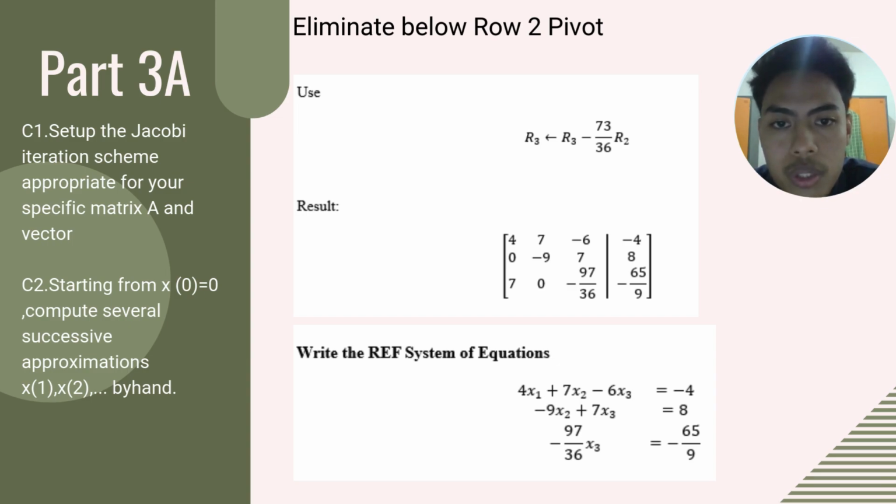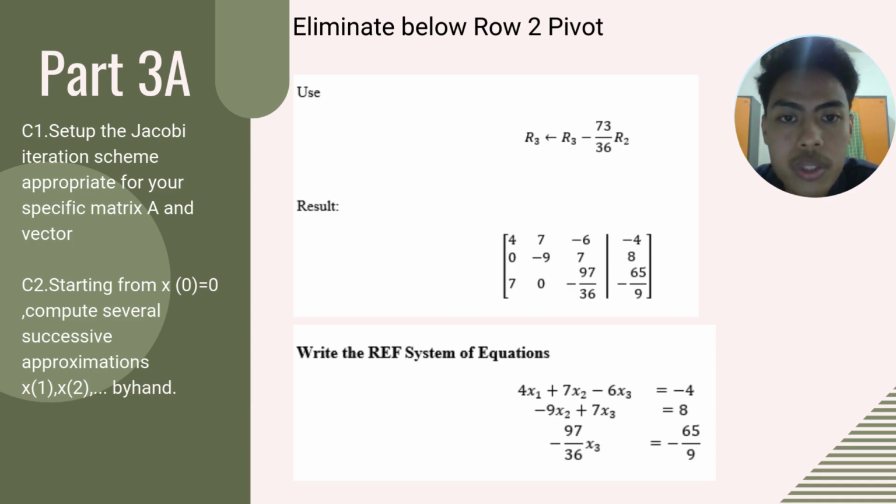The first equation remains 4x1 + 7x2 - 6x3 = -4. The second equation simplifies to -9x2 + 7x3 = 8.